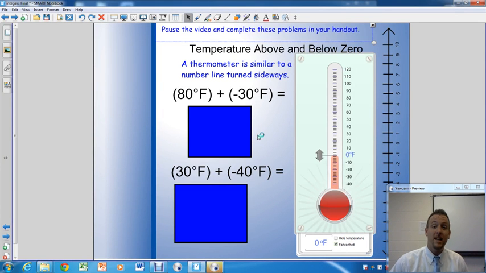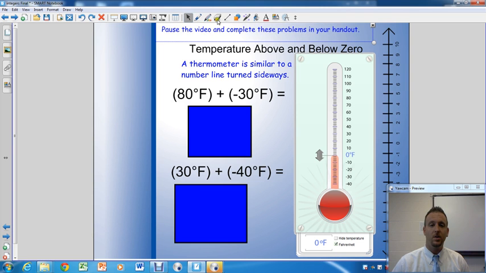Moving on, our last example before our exit slip. Again, I'm going to ask you to pause the video, and this time we're dealing with temperature, above and below 0. Now a thermometer is similar to a number line if you turn it sideways. Notice, thermometer, number line.